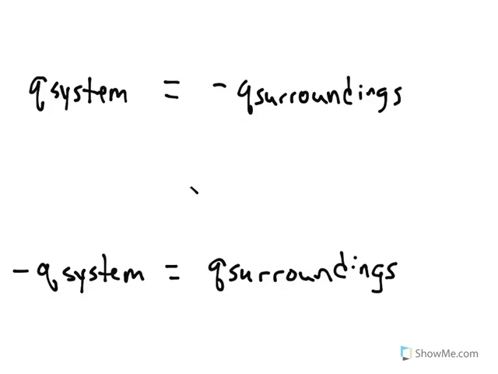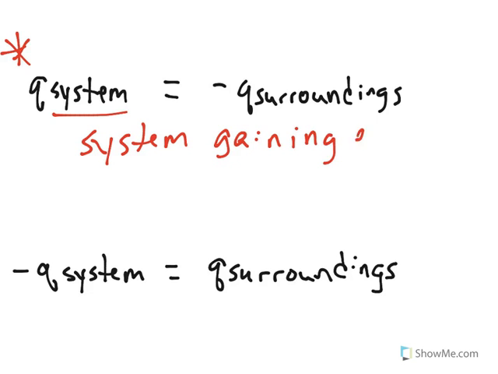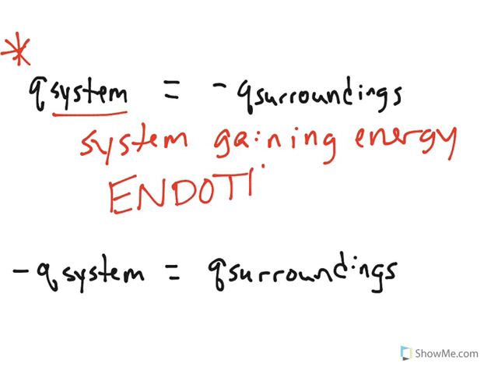So now we need to define these a little bit further. In this top situation here, the Q for the surroundings is negative, meaning the surroundings are losing energy, meaning the system is gaining energy. In this situation, with the system gaining energy, that's defined as an endothermic process.